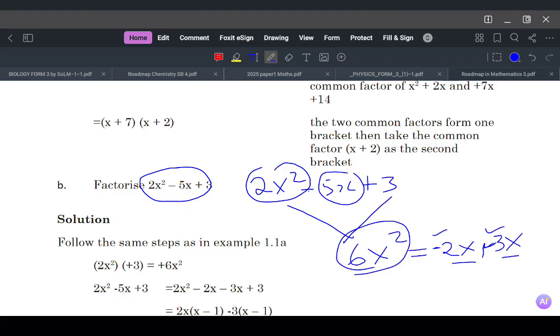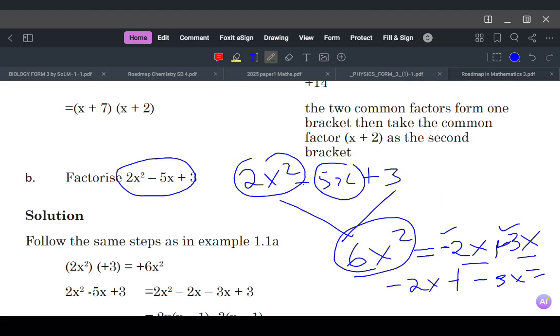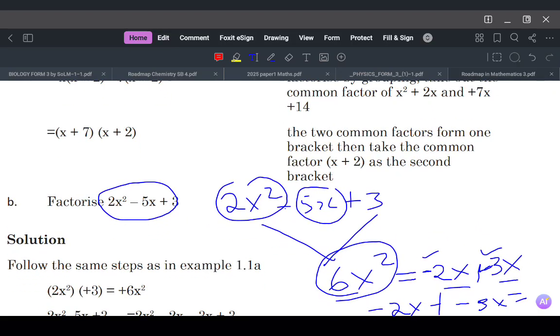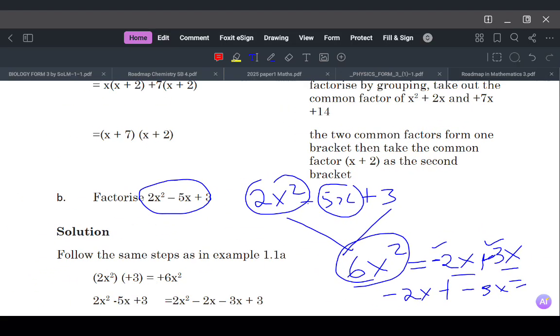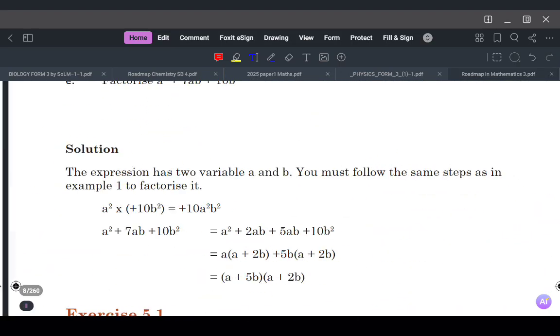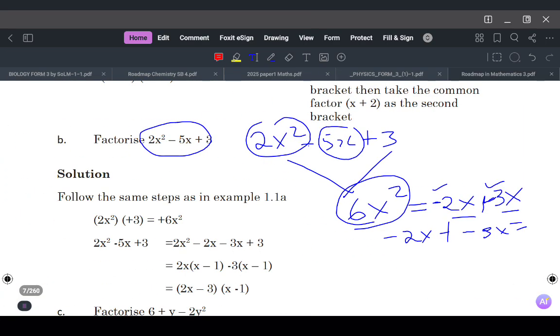But when you add them up, you add minus 2x and minus 3x, you should be able to get the middle term, which is minus 5x. Very important.